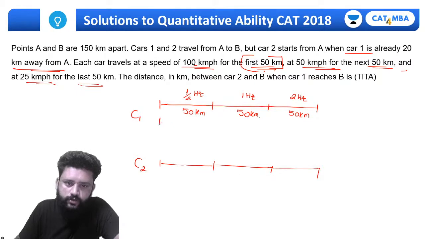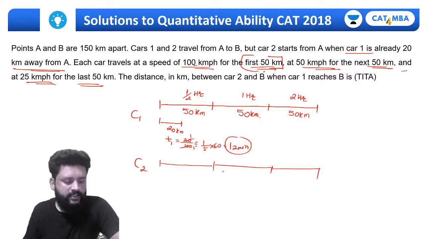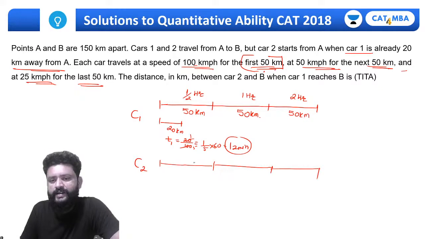So to travel 20 kilometer distance, how much time must it take for car 1? 20 divided by 100, that comes out to be 1 by 5. 1 by 5 hours, that is 1 by 5 into 60, that comes out to 12 minutes. And now listen, that's why this car will reach 12 minutes late.